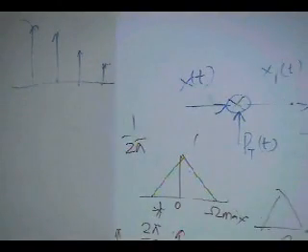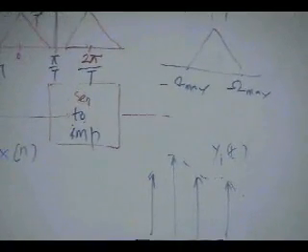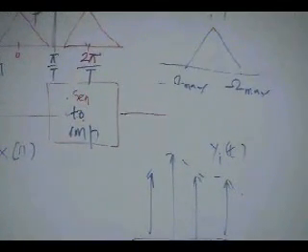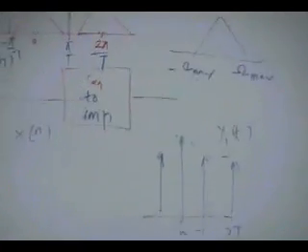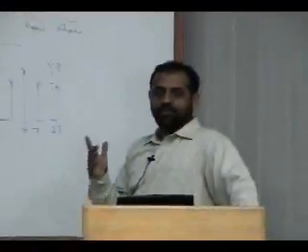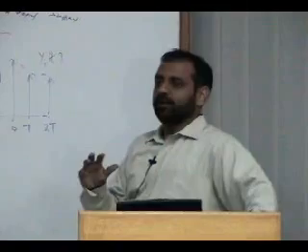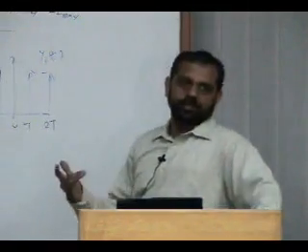But the process tells us, if you look at this process in frequency domain, that exactly what you sample, you get exactly that signal back. So somehow the information which you threw away can be regenerated. It is difficult to see that regeneration in frequency domain. But if you look at the process in time domain, you will be able to see that, okay, this is the way the information is regenerated.